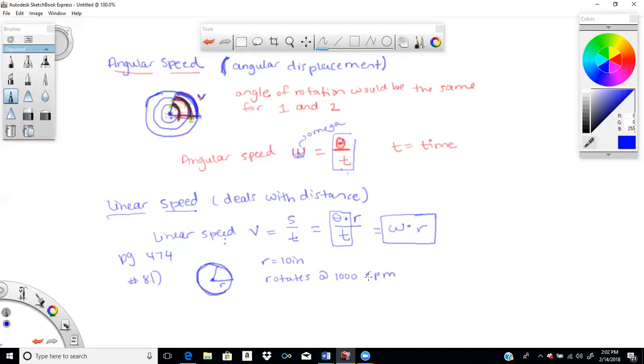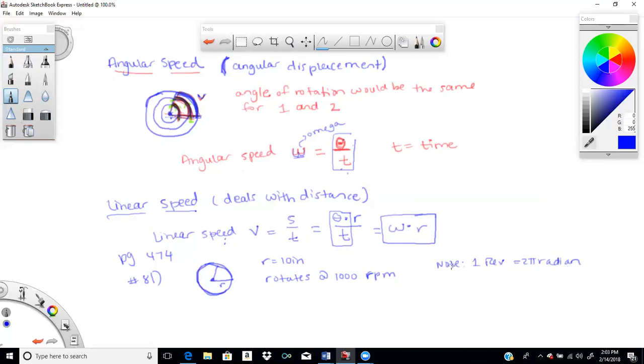Oh, and that's the other thing, I didn't quite get into the units that it is normally in, and we'll talk about that. We are given the radius, and it rotates at 1,000 revolutions per minute, right? And the thing to note is that 1 revolution is equal to 2 pi radians.